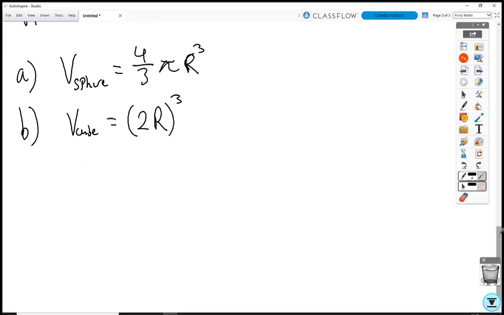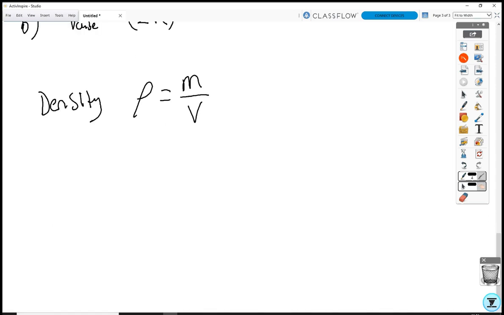So, then we know that density, rho, is equal to mass over volume. So, for a sphere, the density is equal to, the mass is just the mass of the proton multiplied by the number of nucleons.